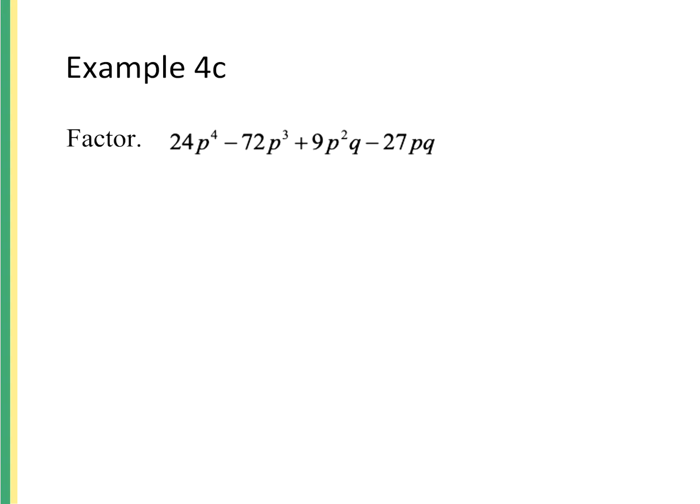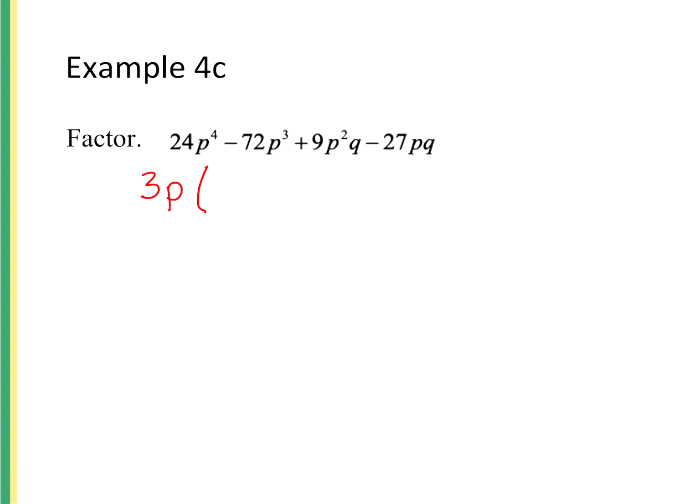All right, here's another one. Does this one have a GCF? Something that goes into 24, 72, 9, and 27. 3. Do they have any variables in common? A p. So the first thing I need to do is factor out that 3p, which is our GCF.